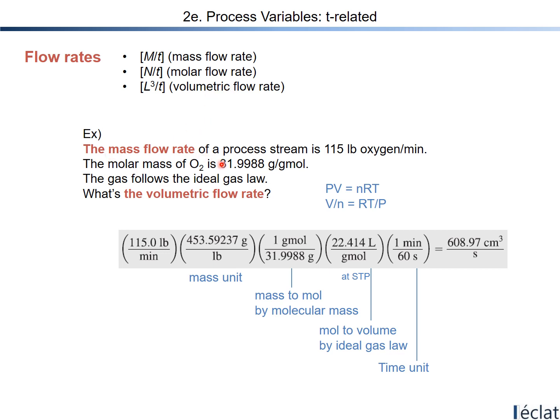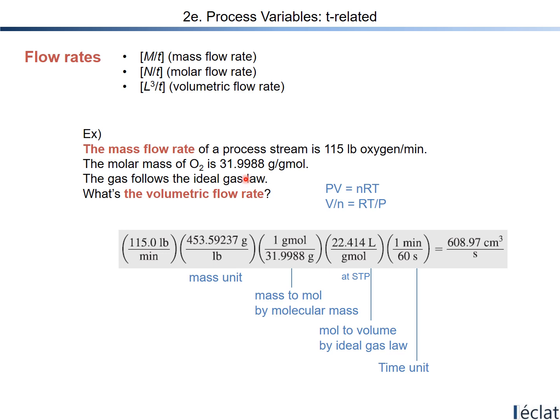Example: the mass flow rate of a process stream is 105 oxygen per minute. So this is the mass flow rate. The molar mass of oxygen is 32 gram per gram mole. Right, you know that. The gas follows the ideal gas law. This is the assumption.